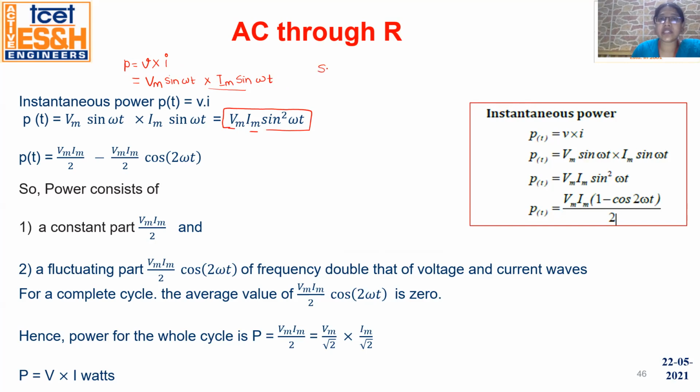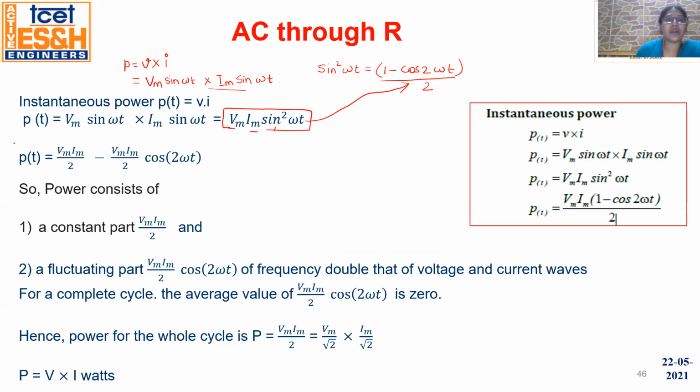Now replace sin square omega t with (1 minus cos 2 omega t) divided by 2. When you replace it, we get the equation Vm Im by 2 minus Vm Im by 2 cos 2 omega t.